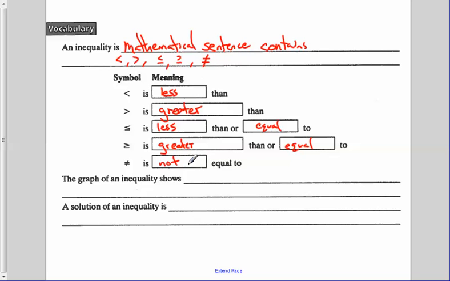So when we graph these, a graph of an inequality shows all solutions of that inequality. And then a solution of an inequality is any number that makes the inequality true.